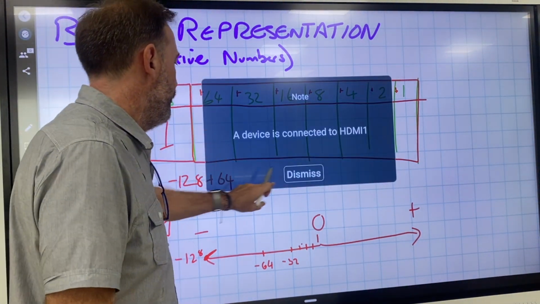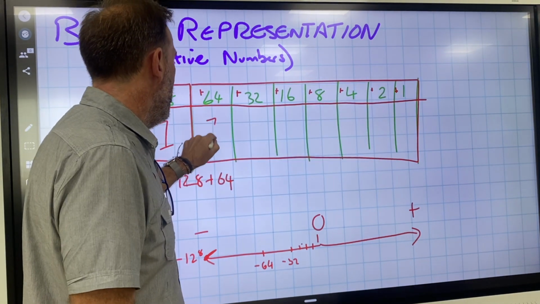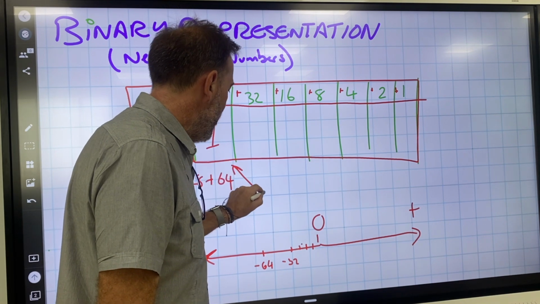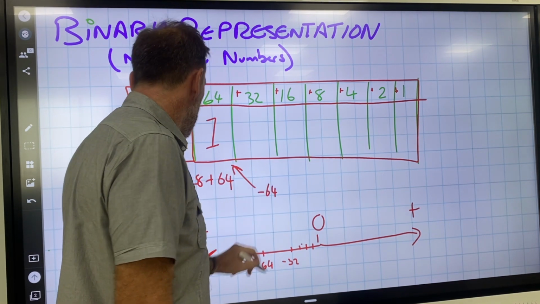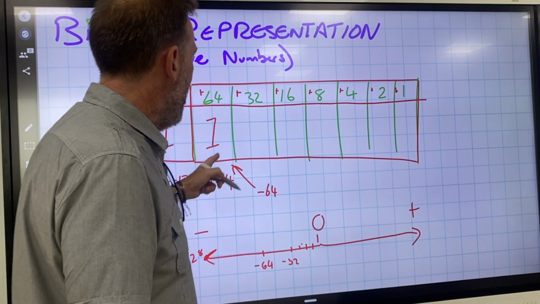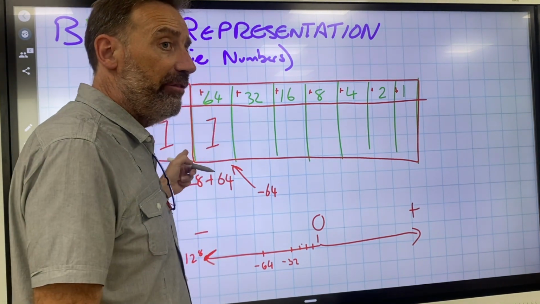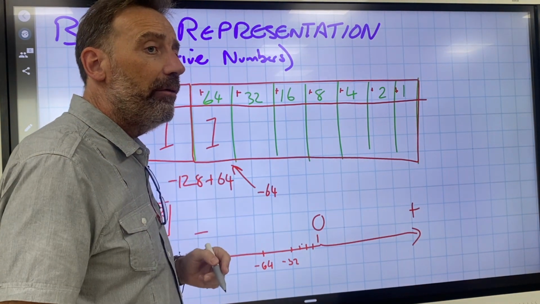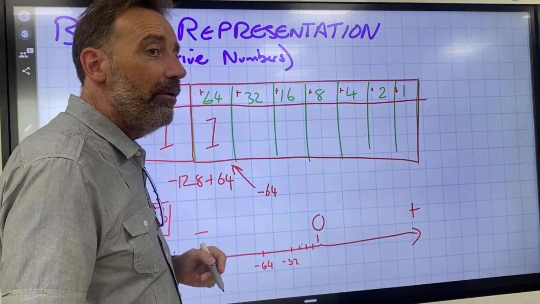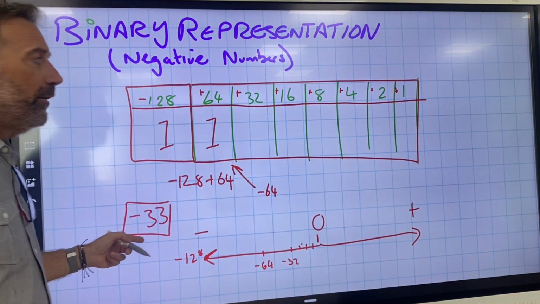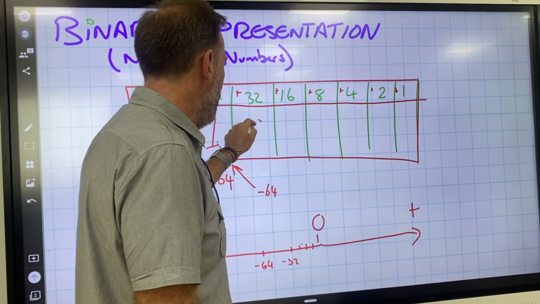So I put 1 in there, and now I'm on negative 64. Now, if I add that positive 32 onto negative 64, what do I get? Negative 32. But I want to get negative 33. So I don't want to be doing that.